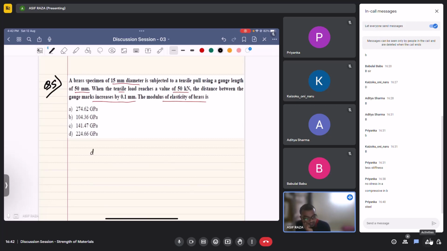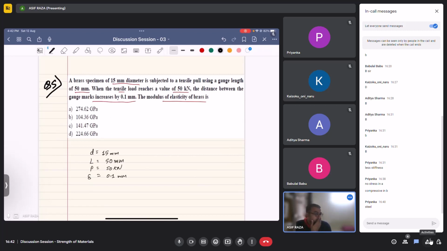We are given the data as 15 mm diameter, gauge length as 50 mm, tensile load P as 50 kilonewton, and delta, the elongation, as 0.1 mm.